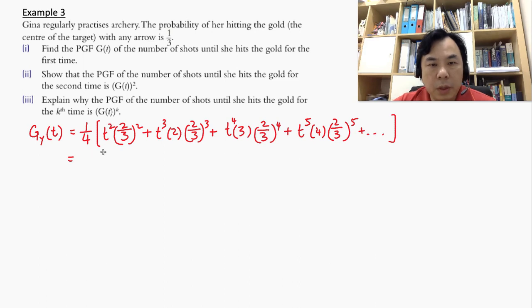Now from here, I'm going to repeat the same process again. We're going to factorize that out. If you factorize that out, you will get 1 over 3t squared. Yeah, we will be able to obtain 1 over t squared here.